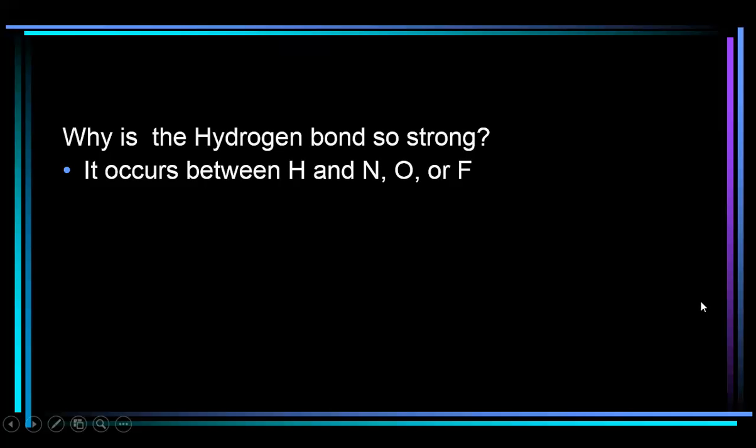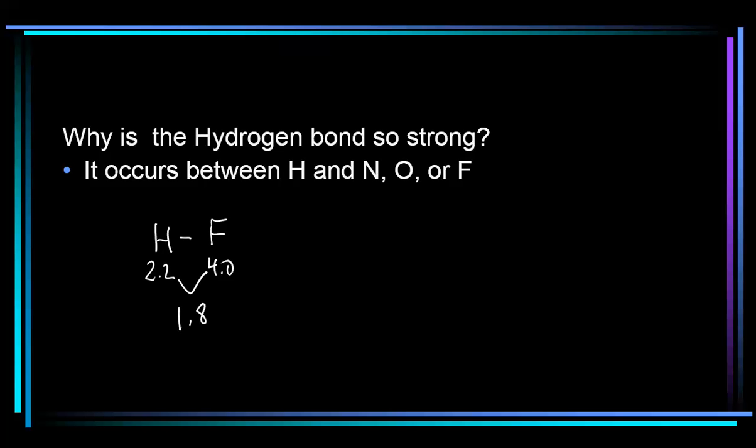So, why is hydrogen bonding so strong? Let's look at their electronegativities, which can be found on the back of your periodic table. If you bond hydrogen to fluorine, hydrogen is 2.2, fluorine is 4.0. Folks, that's a difference of 1.8. That's in the ionic compound range.